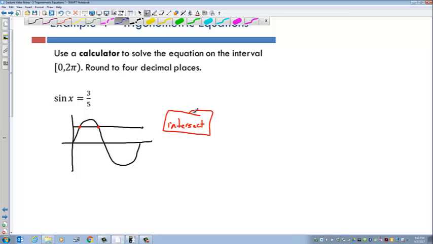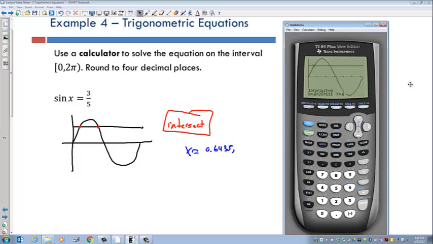So my first answer would be, to 4 decimal places, 0.6435. And I'll put a comma to separate them. And then the second answer is what? So hit second trace again, number 5 for intersect. Enter, enter. But don't hit enter too quickly on guess because you've got to scroll over to the second intersection point.